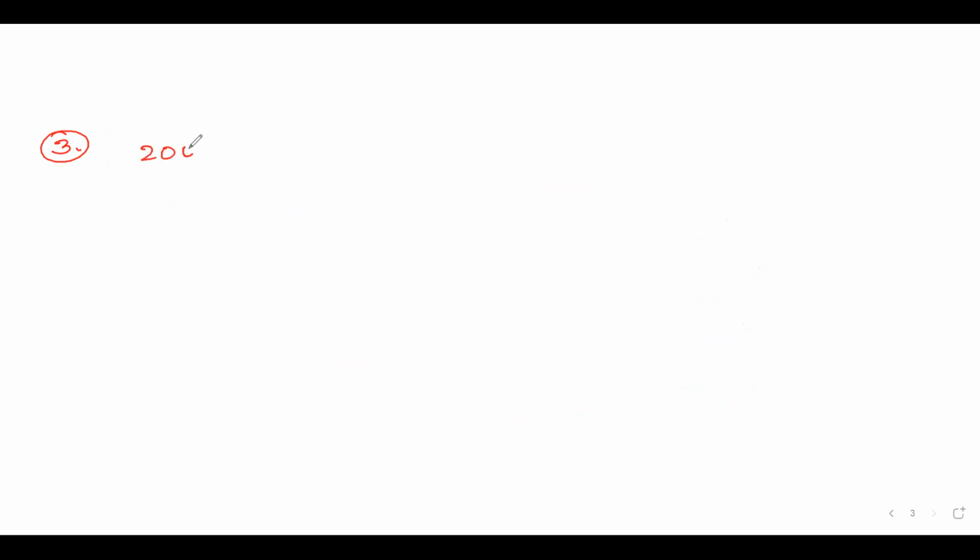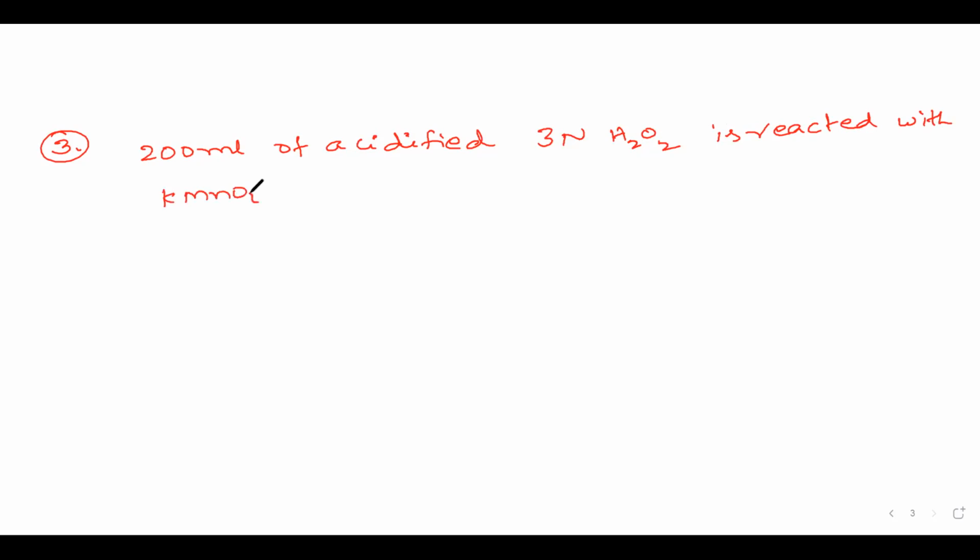200 ml of acidified 3-normality hydrogen peroxide is reacted with potassium permanganate solution till there is a light purple color.